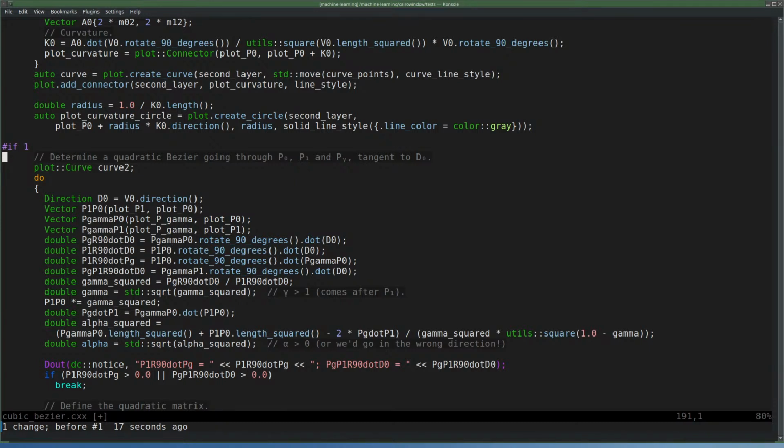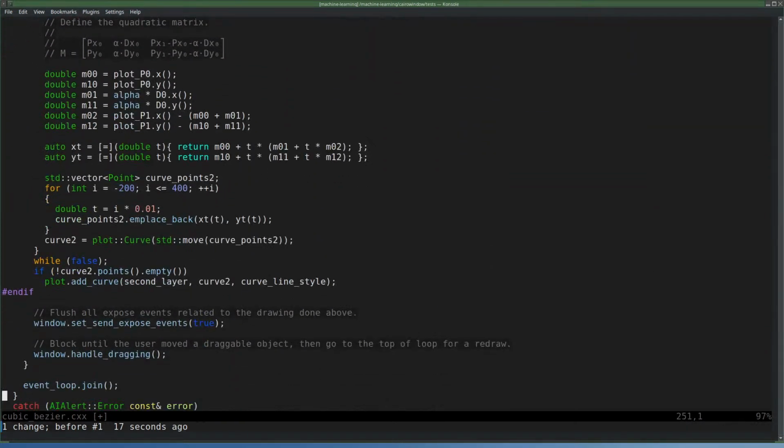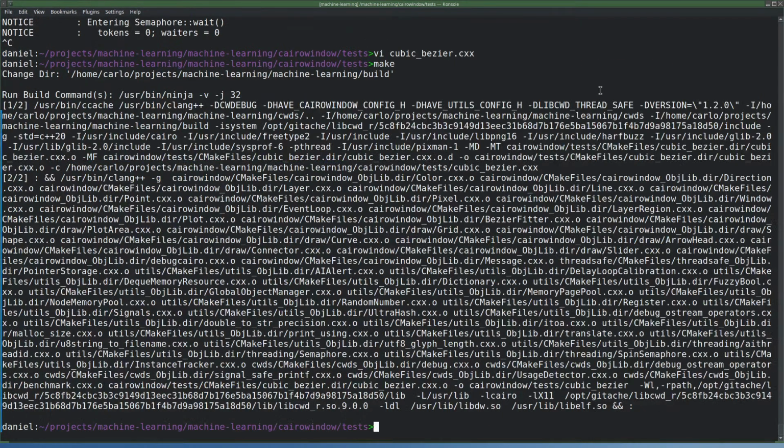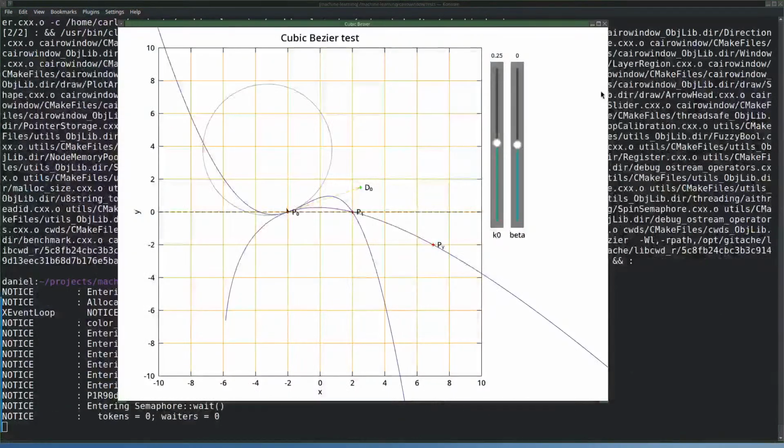So determine a quadratic Bezier going through 3 points and a tangent in D0. It's just a separate curve. So ignore the cubic Bezier.